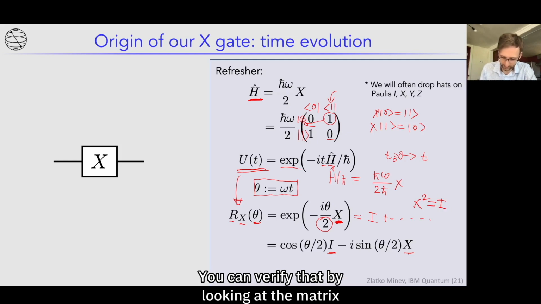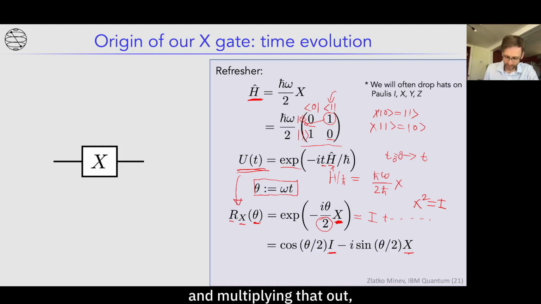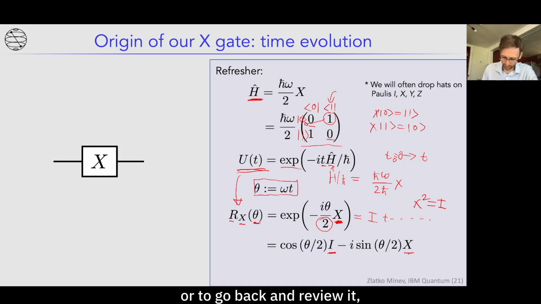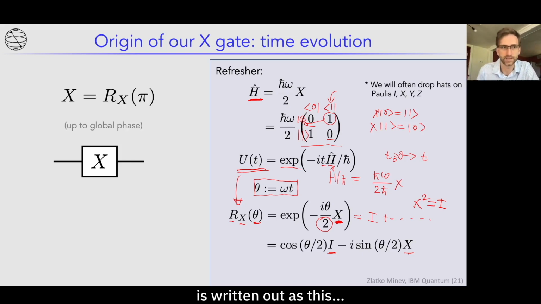You can verify that by looking at the matrix and multiplying that out. So working this out, and I challenge you to do this on the side or to go back and review it, we'll find out that the rotation that actually generates this gate is written out as this.